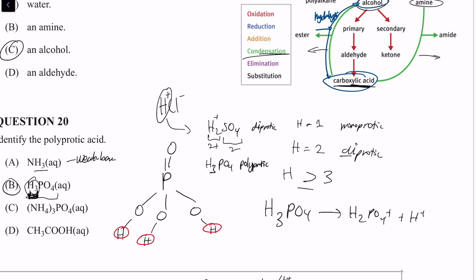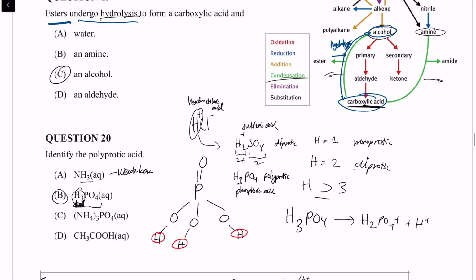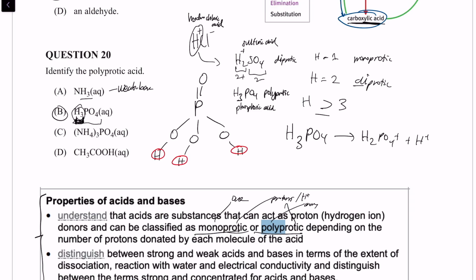If you're wondering the names of these, we have hydrochloric acid, H2SO4 is sulfuric acid, and H3PO4 is phosphoric acid. Those are the typical examples of each classification of acids in terms of how many protons they can donate.